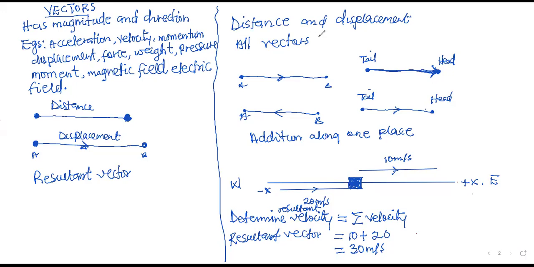Since we are generally talking about vectors, let's use a resultant vector as a single vector whose effect is equal to the combined effect of a number of vectors.